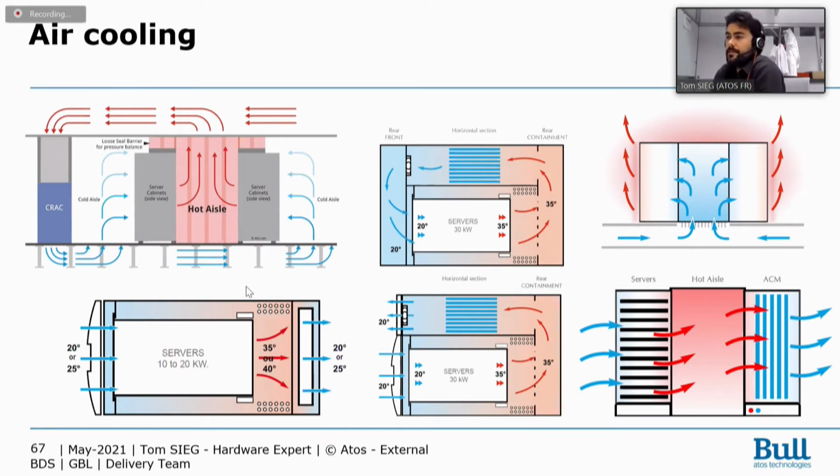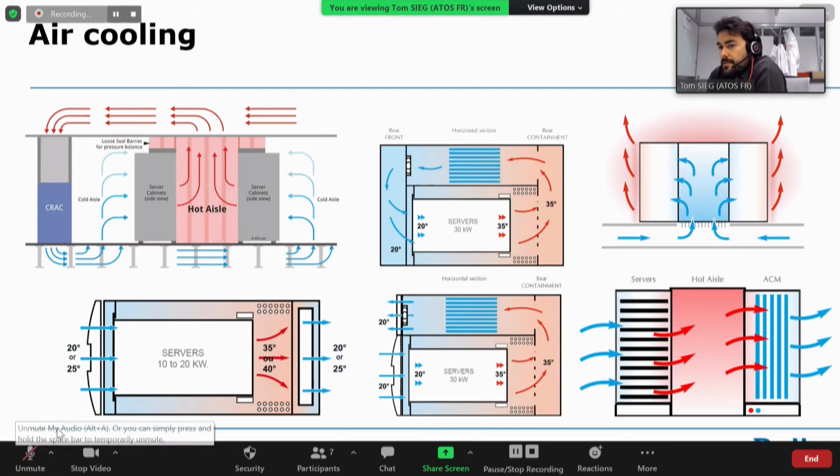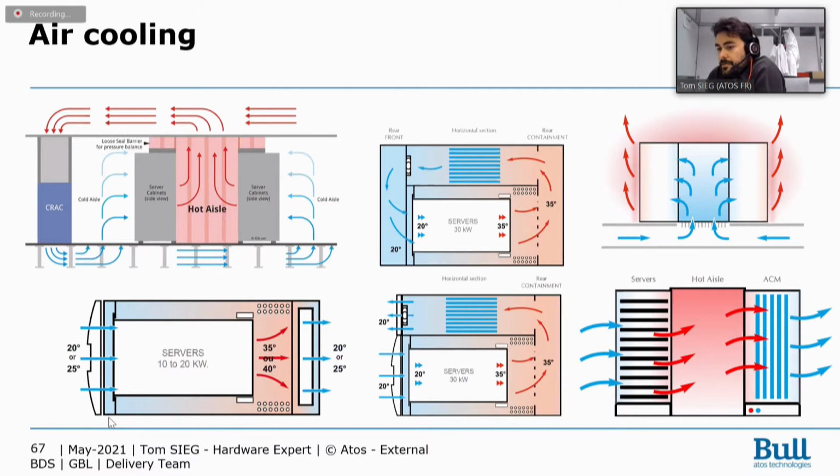In fact, generally it's a specific room we use for the data center, and going under 20 degrees, it's useless because your electronic device doesn't really like cold temperature and has an optimized temperature point at 27 degrees.